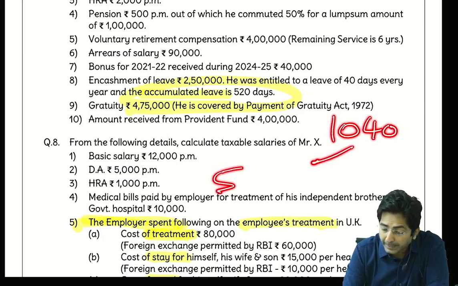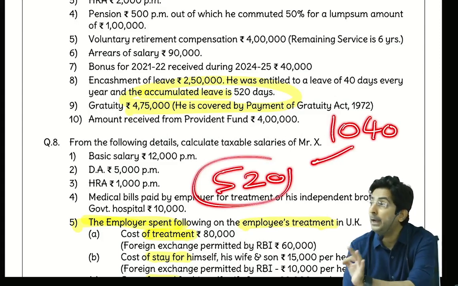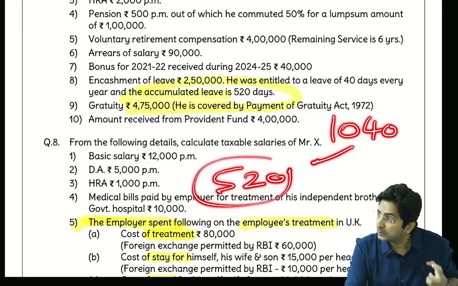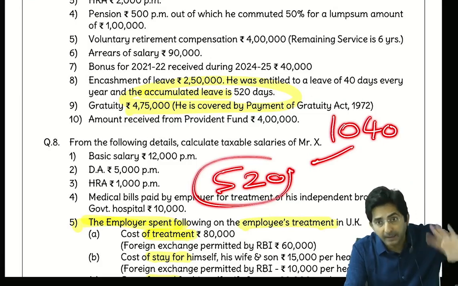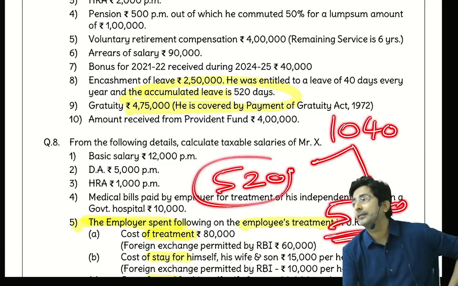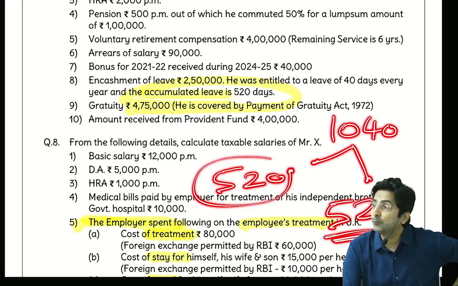From that, 520 you have accumulated. This you have saved, and I don't want how much you have saved. I want how much you have taken. So what is the taken amount? Coincidentally it is 520 only. But I want which 520? The one given in the question or the one which I have found?